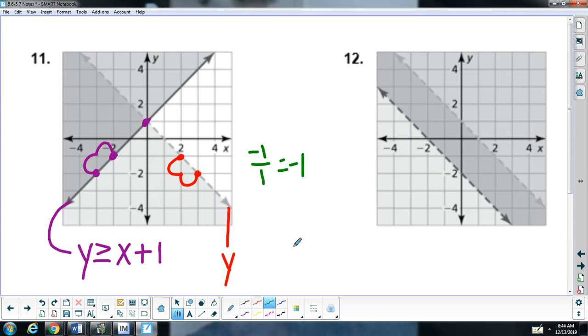And that's what attaches with our x, so negative x, because we don't need to write that 1 there. Then our y-intercept happens to be the same as our other graph. So it's still at positive 1, so plus 1. It's a dashed line, so we know it's not going to be equal to. Look at where the darkest shade is. That's below the line, so below means less than.